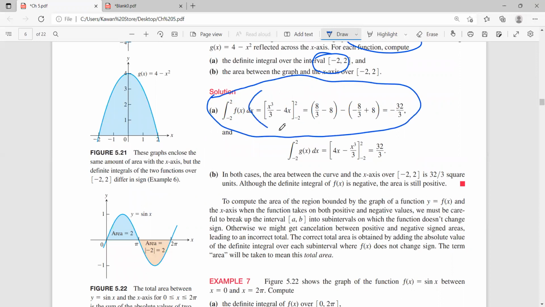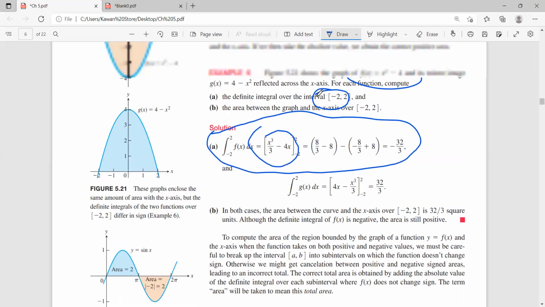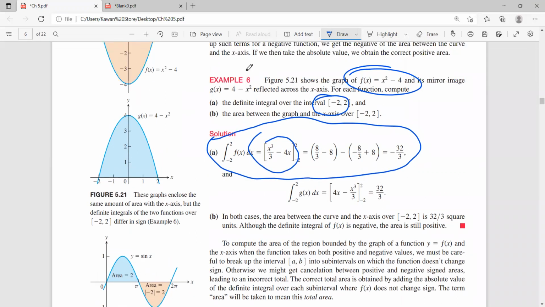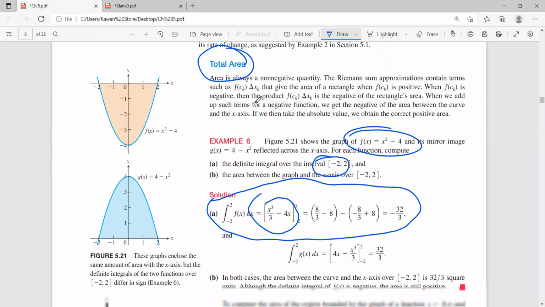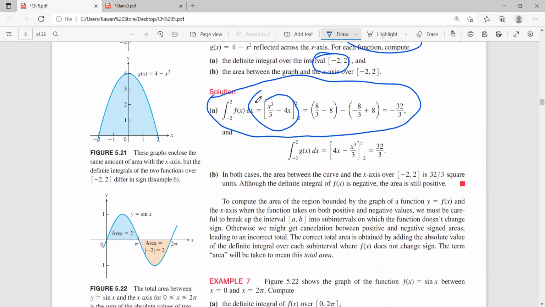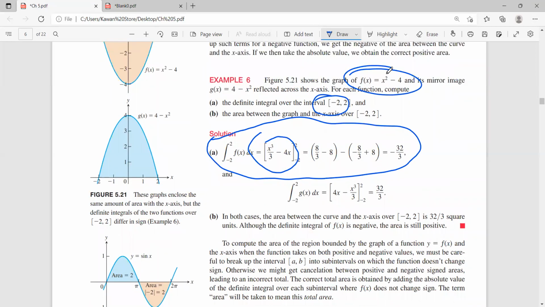We have this function, and here the function is 4 minus x squared. And the other function has x squared minus 4. Okay? Understood? So we have f of x and g of x. So you have two examples here. We try to solve f of x and g of x.